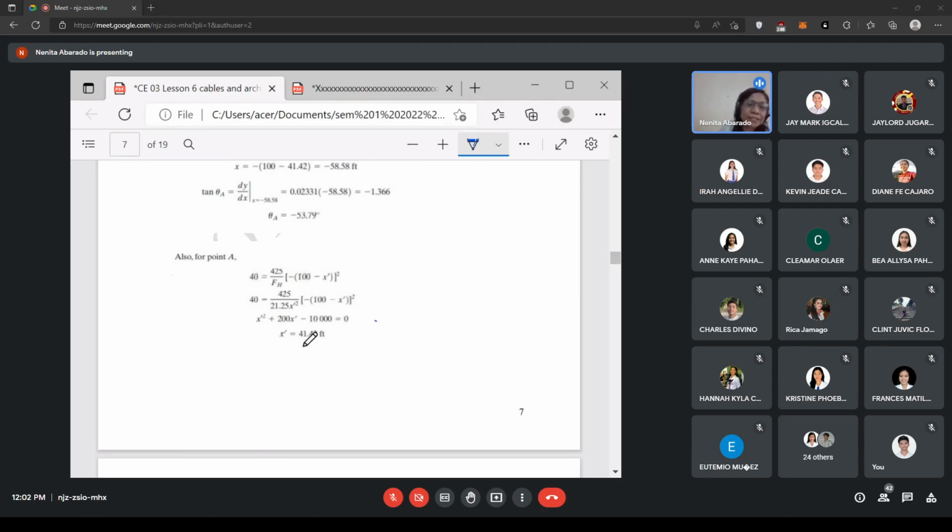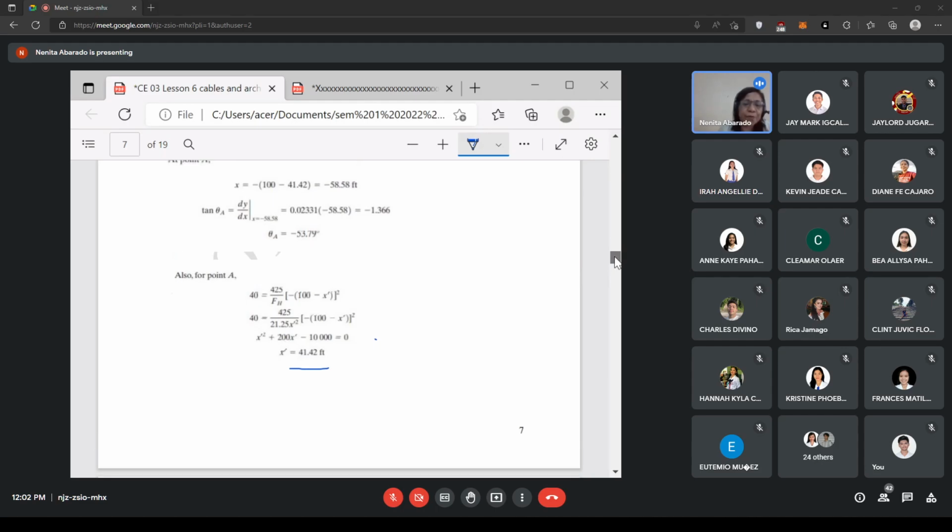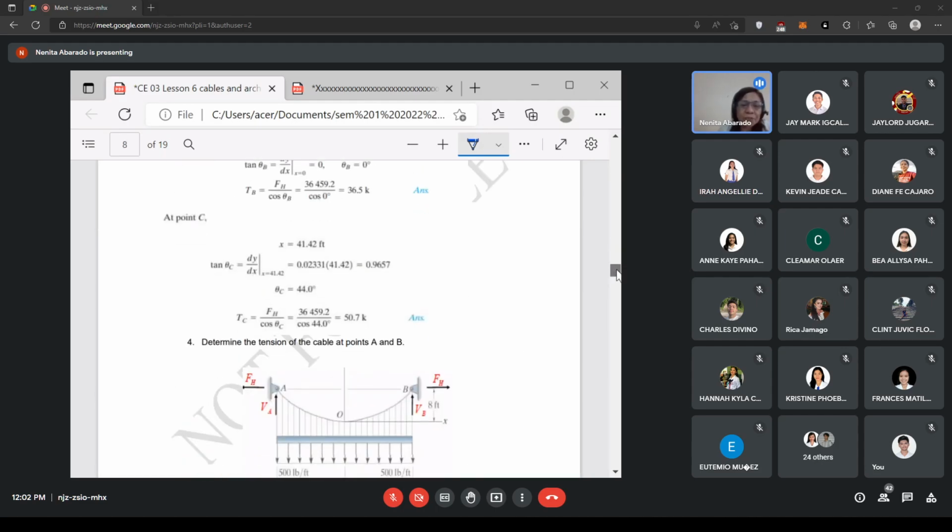But then the answers must be correct. So yun, or must be the same. That is what I am telling you na pwede nyo i-free body diagram. Kahit gano'n yung kaninang problem, you can do away with trigonometric functions, just go over with the free body diagram and use the equations of equilibrium. Is it understood?